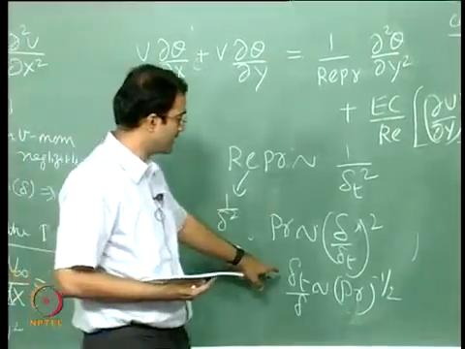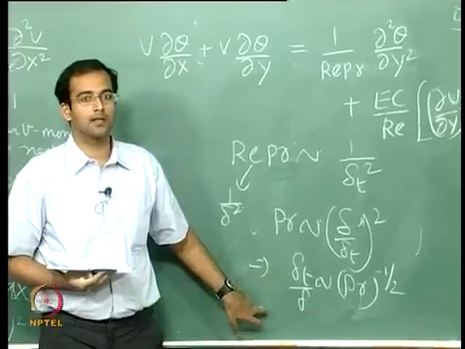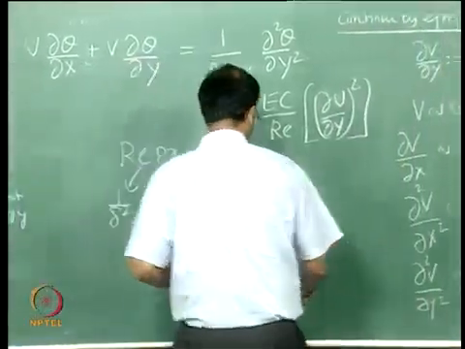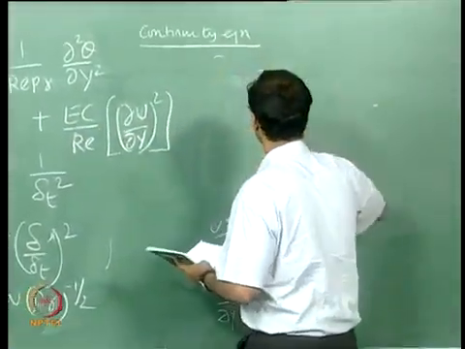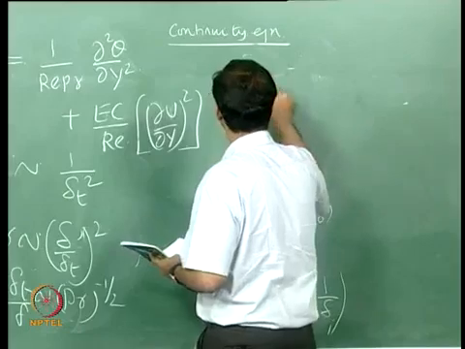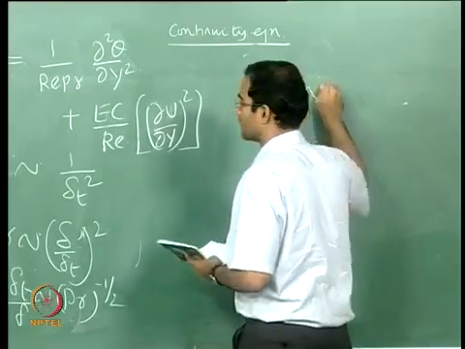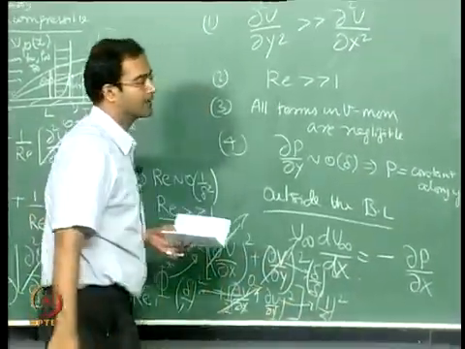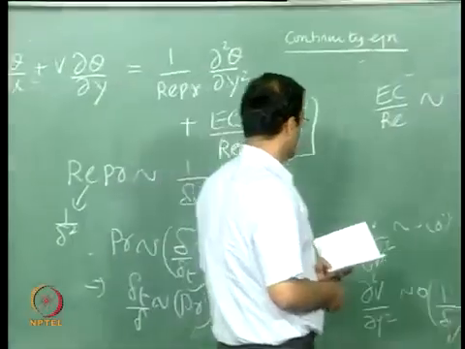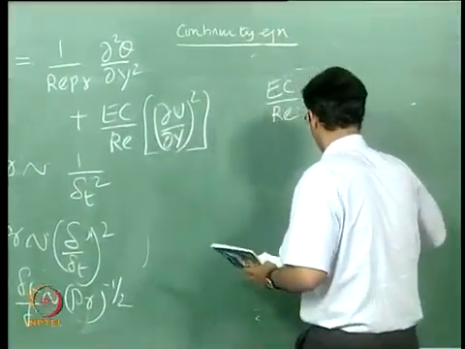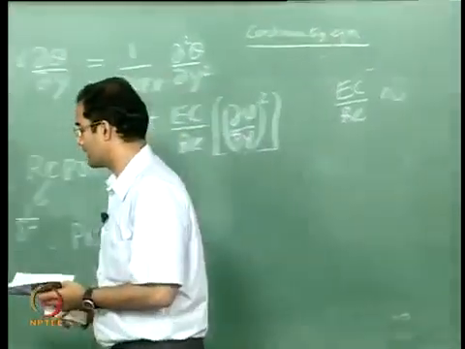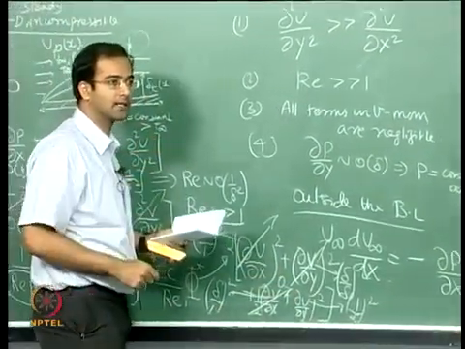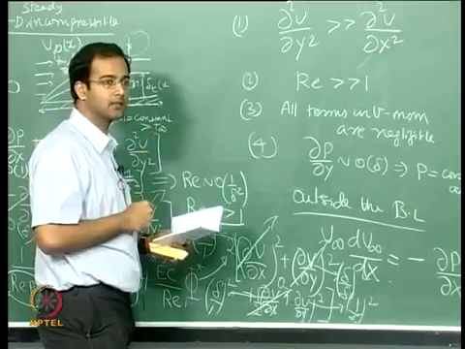This is the relationship between the ratio of your thermal boundary layer thickness to momentum boundary layer thickness with the Prandtl number. And what should be the order of magnitude of Eckert number by Reynolds number? If you look at this term, this is again 1 over delta t square, right? Just one small thing: when you are looking at velocity gradient, you look at the momentum boundary layer thickness, and when you look at the temperature gradients, you look at the thermal boundary layer.